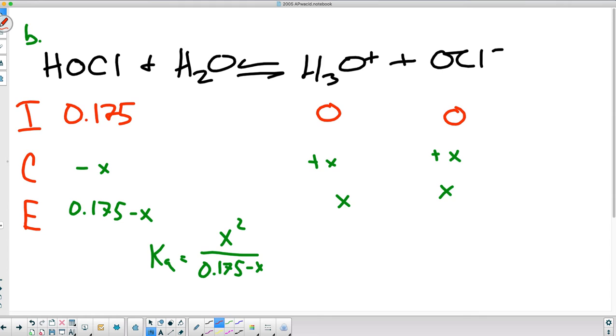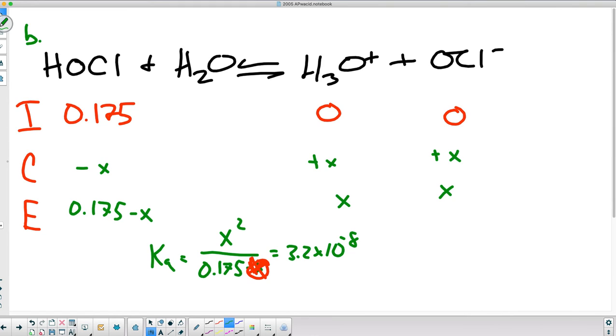One of the nice parts about Chapter 16 is that I get to get rid of the minus x part, and that makes everything so much easier. This is 3.2 times 10 to the negative 8th, I believe, for our Ka. Maybe I should check that just to make sure I don't screw this up. Okay, that's what it says on the paper.